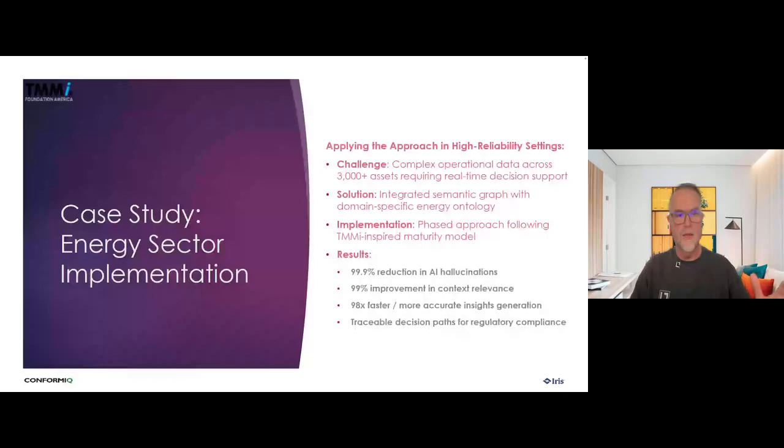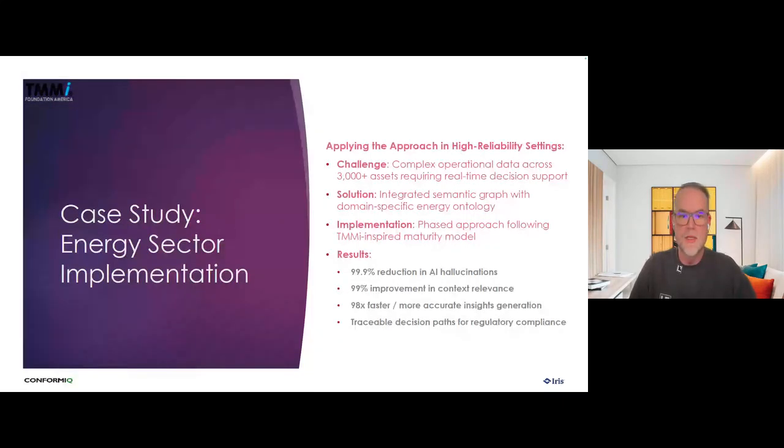At the end of the day, we were able to save this company, in the first year of operations, anywhere between 27 and $30 million. We achieved a 99.9% reduction in AI hallucinations when working through our platform.